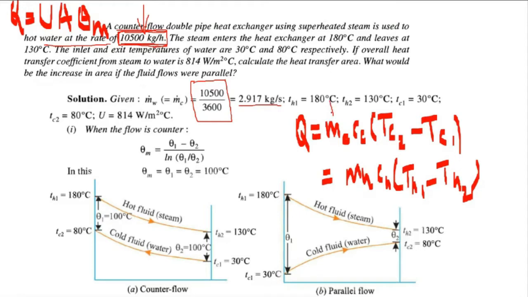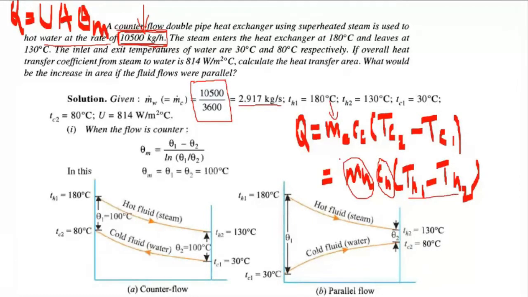So MC value is known. MH value is not known properly. I mean, they are not mentioning in the question if MH value is same or not. Generally, it should be same. Here, MH value is not mentioned in the question. CH value is not mentioned either, that is, what is the specific heat for steam. But TH1 and TH2 values are given.